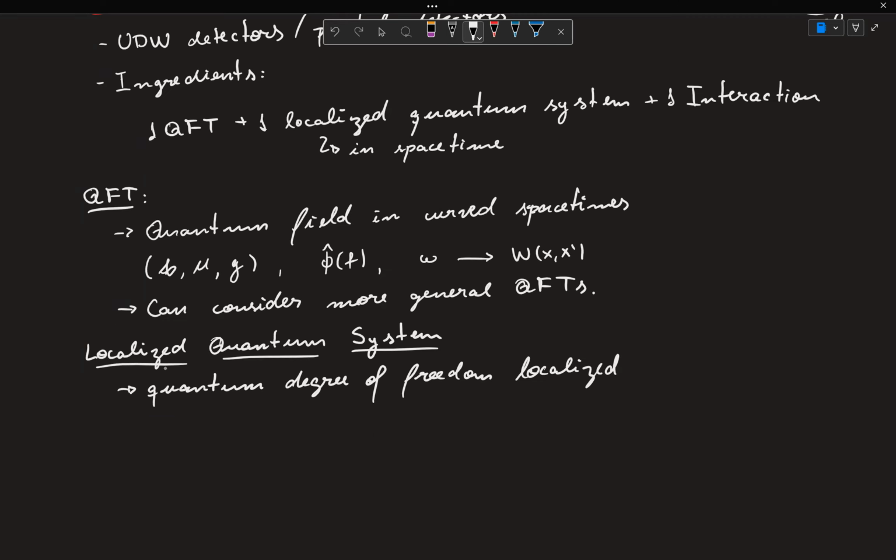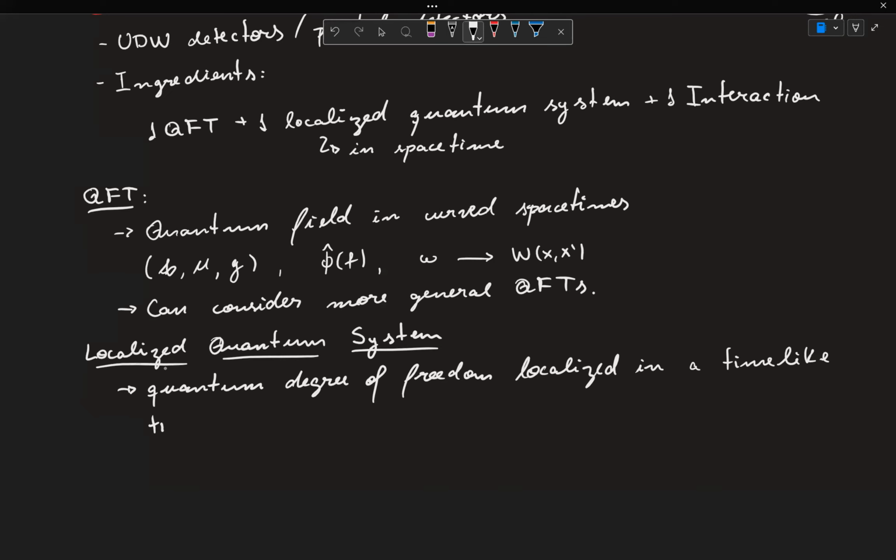Now, in order to localize it, we need to assign an observer who's basically holding this quantum system, and this observer will be undergoing a time-like trajectory. Okay, so in this description here, it's not only that we need a quantum degree of freedom that's localized, we need it to be localized in a time-like trajectory, which will be fixed and given with the particle detector.